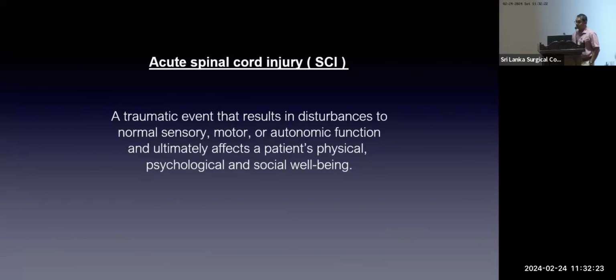Now, as previous speakers stated, brain injury and spinal cord injury are in two parts, primary injury and secondary injury. As surgeons, our aim is to prevent secondary injury. Primary injury, you can't do anything; it is prevention, mainly of road traffic accidents.